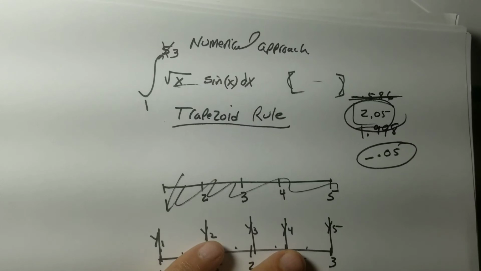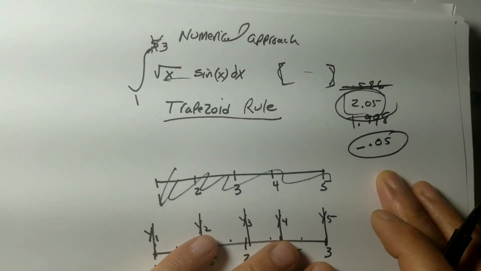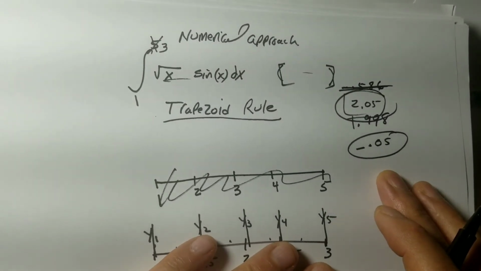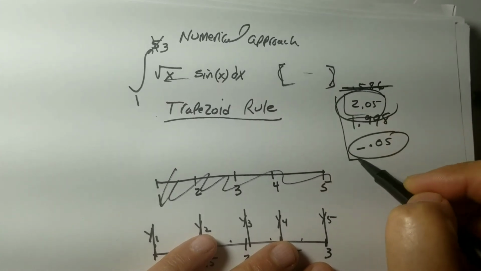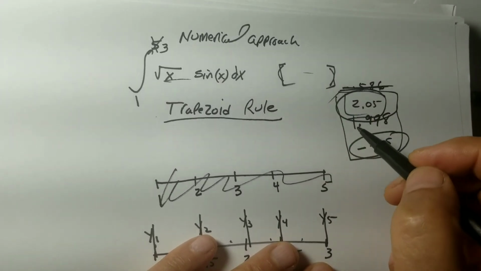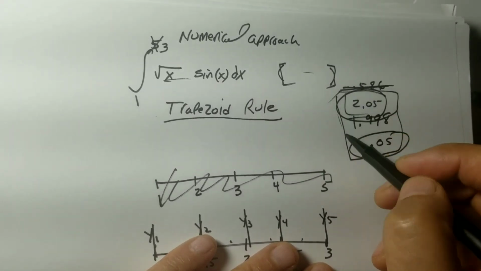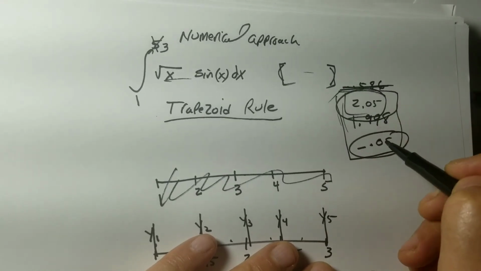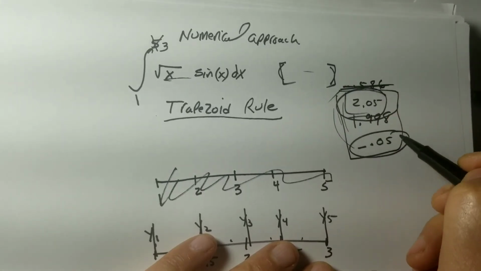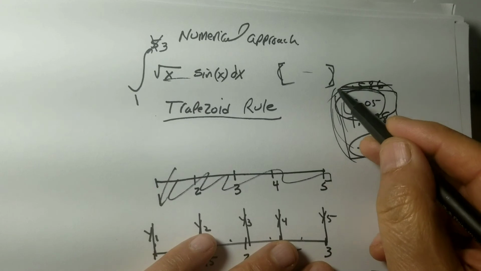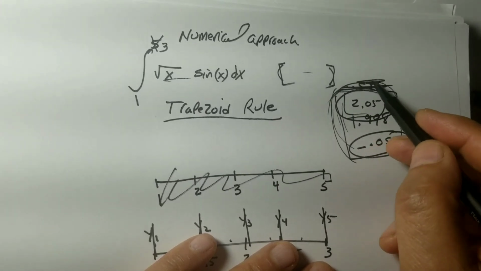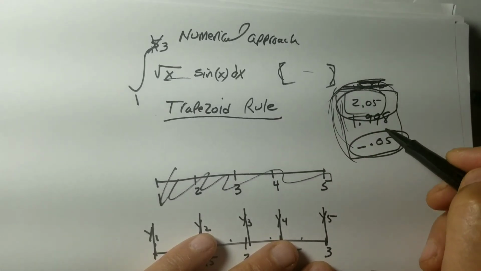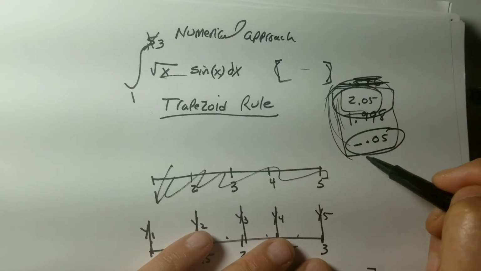Therefore, this was an example of the trapezoid rule. I hope you enjoyed it. I know that at the end, depending on how many trapezoids you pick, there is some error. The error has a formula, it is in the textbook. We're not going to discuss the error, because error depends on the number of trapezoids.